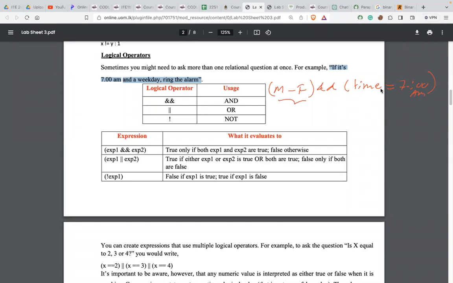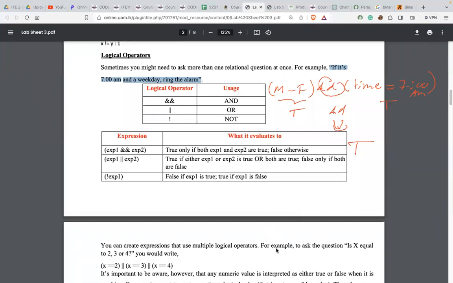Or whatever the one. If both conditions are true, meaning this one is true and this one is true, then this double AND sign outputs true. True means it is actually a non-zero value.